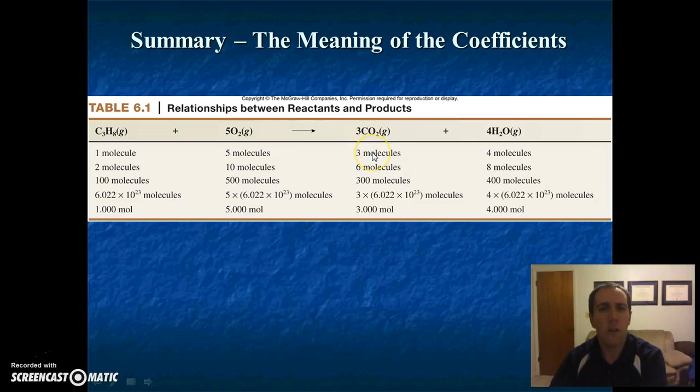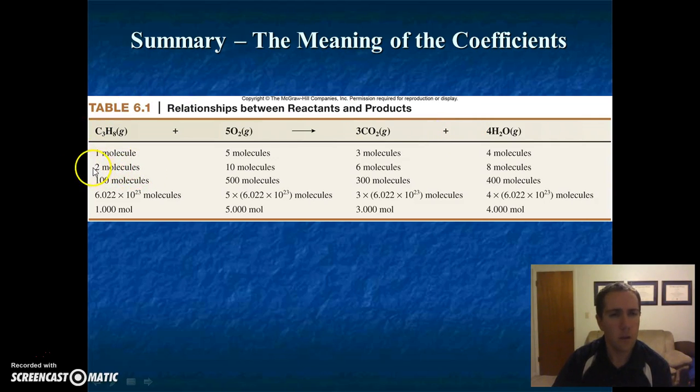And so let's look at all the different things these coefficients can stand for. The first thing we saw were molecules. So 1 reacts with 5 to give 3 and 4. But what if we started with 2 of the propanes instead of 1? Remember that the balanced equation is always in the lowest number. If everything is divisible by 2, you have to decrease them by 2.